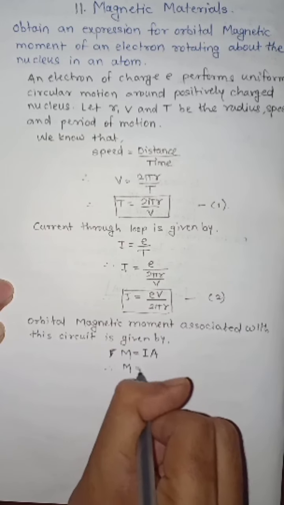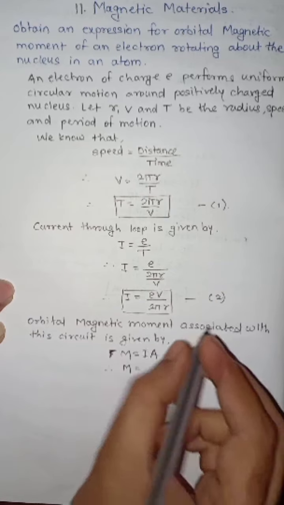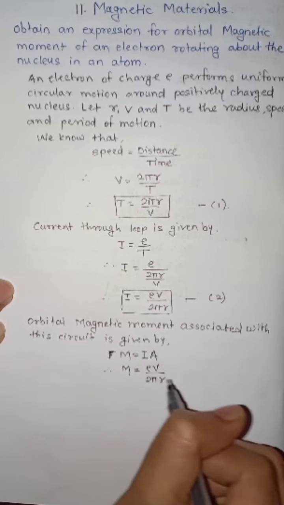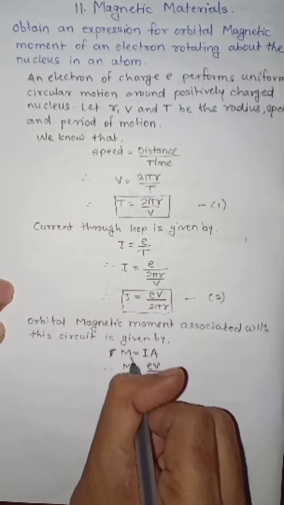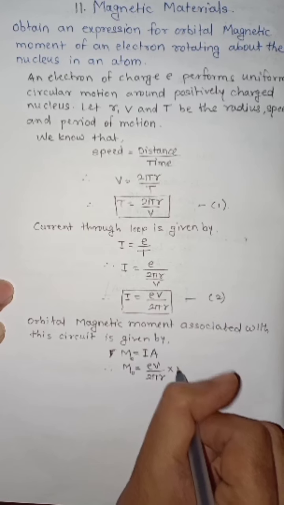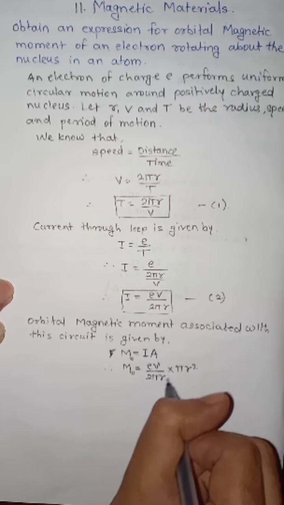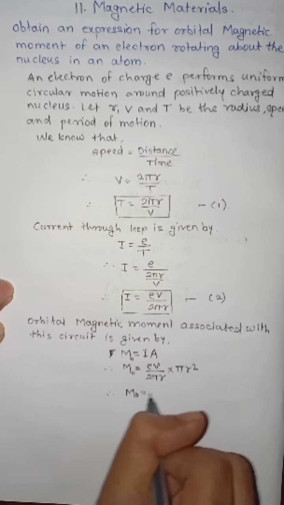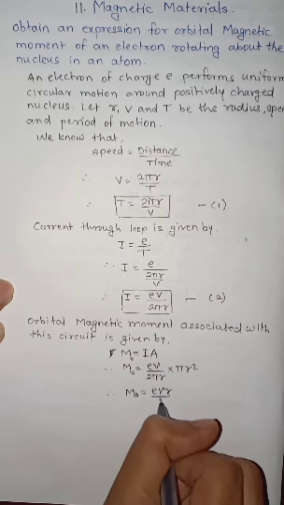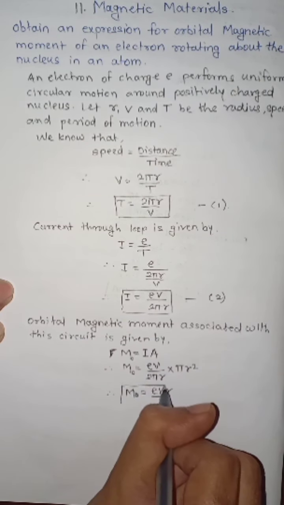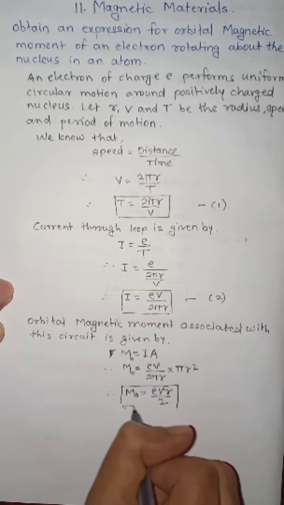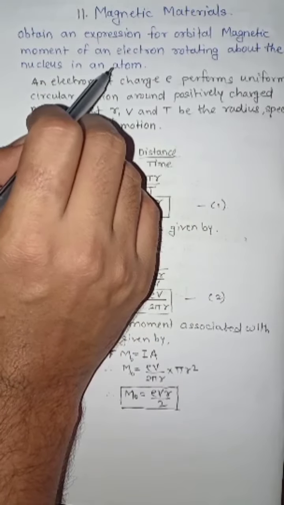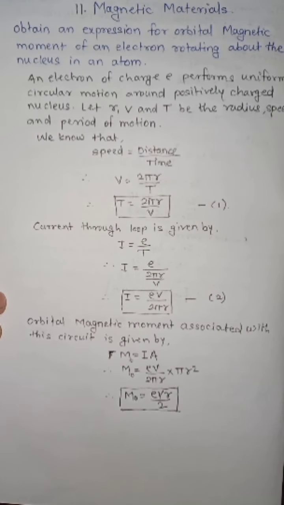Therefore m is equal to, instead of I we write e v upon 2 pi r. The orbital magnetic moment we show with symbol m0, and the area of the circular loop is pi r square. Here pi and pi get cancelled, single r gets cancelled, so we get m0 is equal to e v r upon 2. So this is our final expression for the orbital magnetic moment of an electron rotating about the nucleus in an atom.